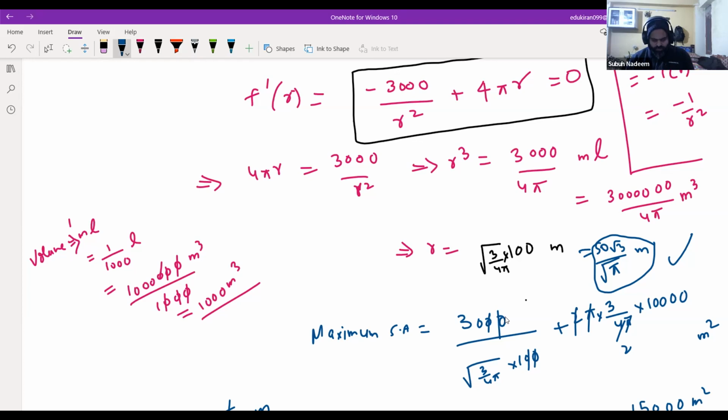That means 1 milliliter, if we talk about centimeter cube, so we need not do any conversion.